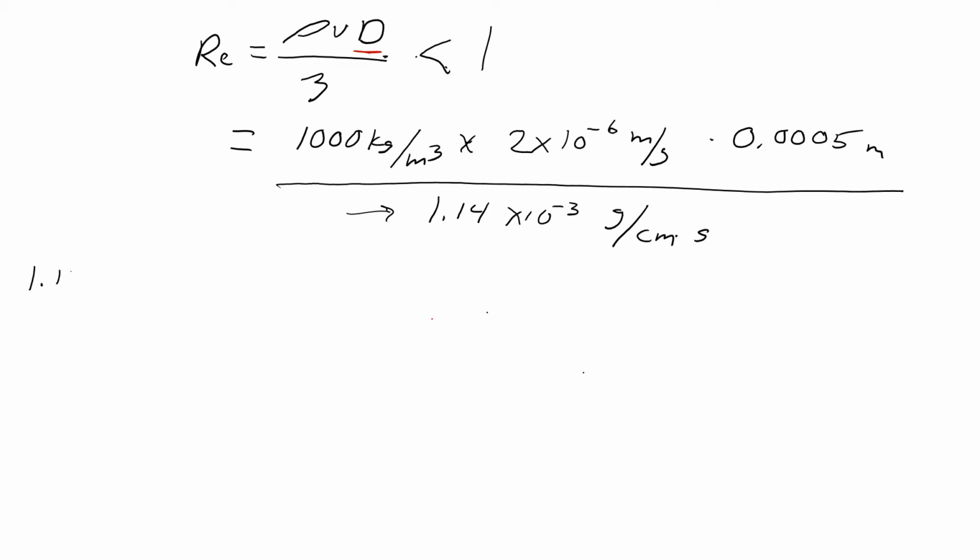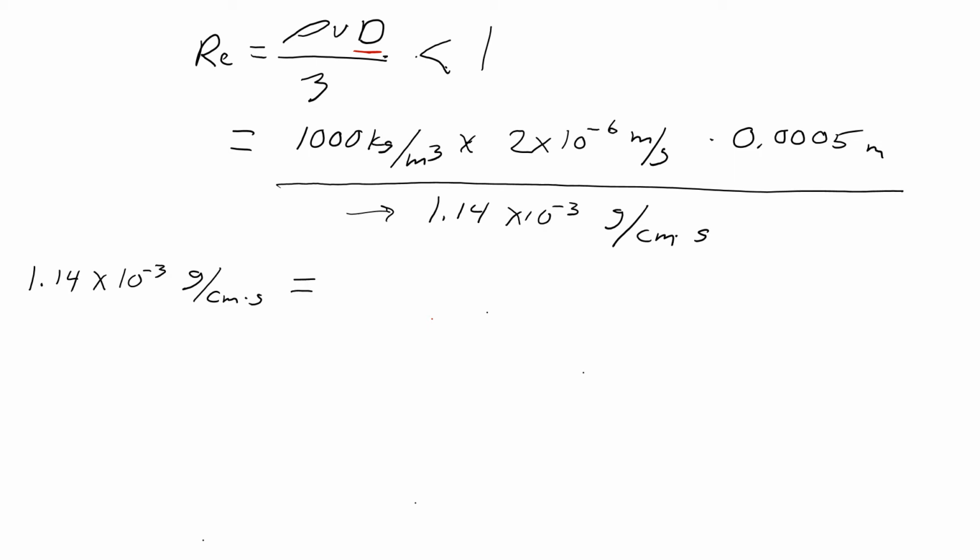So let's do a little side calculation here and convert from gram per centimeter per second to kilogram per meter per second, so that we can start crossing out some of our units and come up with a final answer.